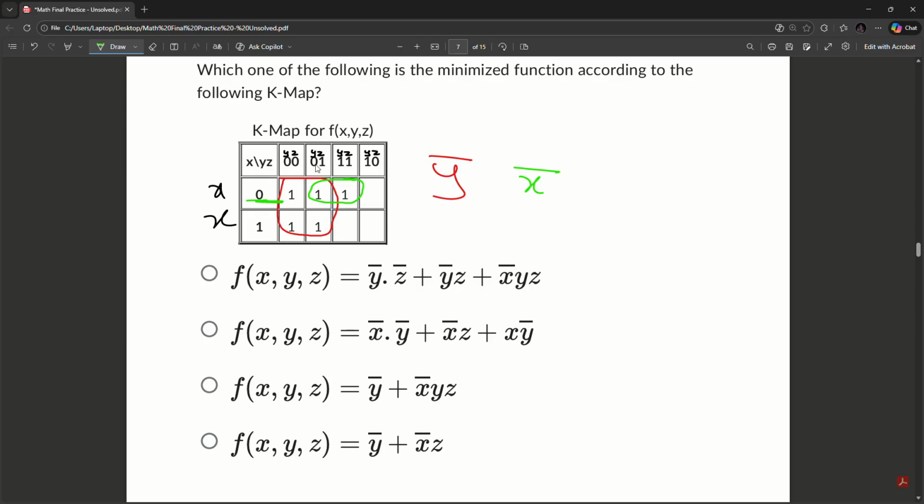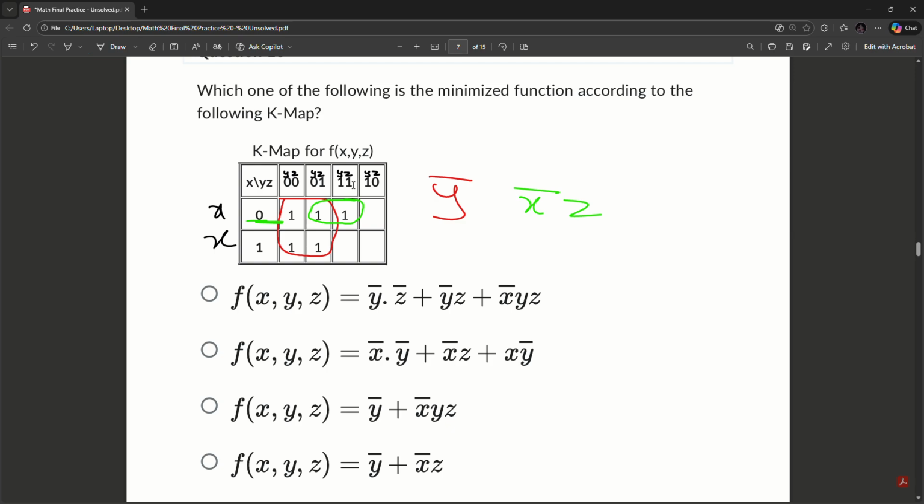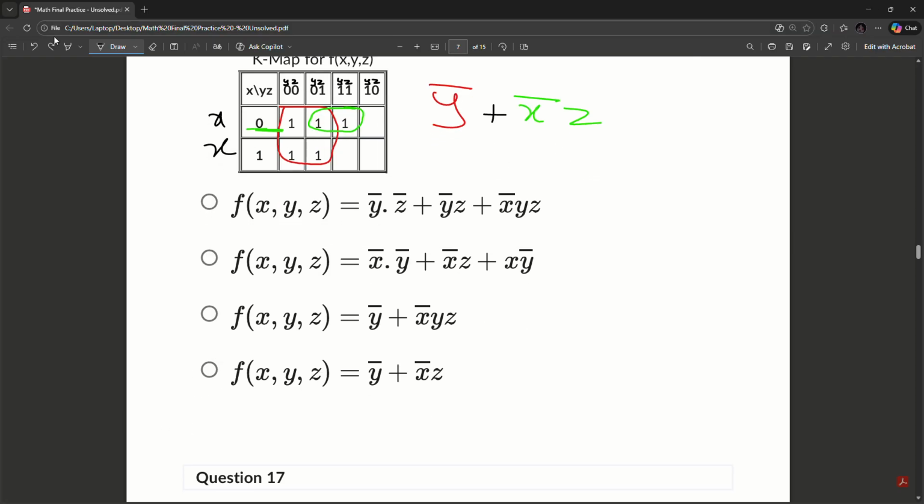And then look, if z is 1, it will give an output. So that means it's just normal z. So the answer is y complement plus x complement z, which is this one. I'll see if I can highlight it.